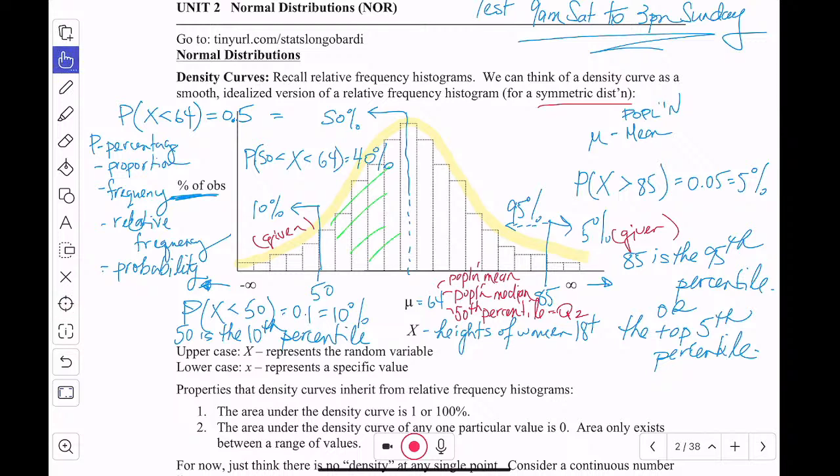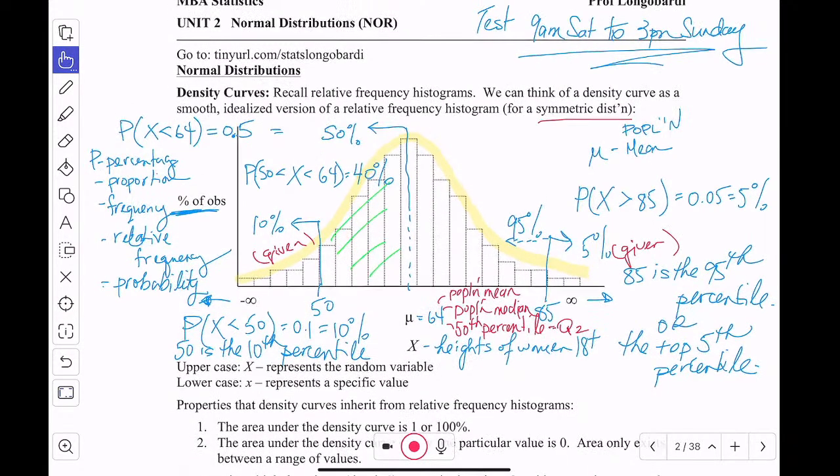Can you read that? So we're going to pick up here on Monday. I'm going to finish the normal distribution on Monday. On Tuesday, I'm going to do, well, let me write it properly here. I don't even know if you can see that.